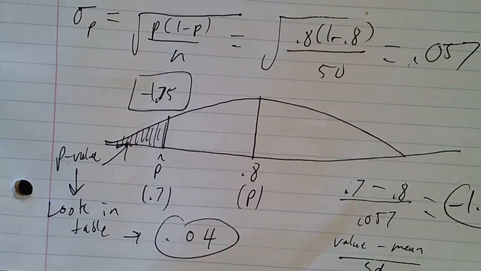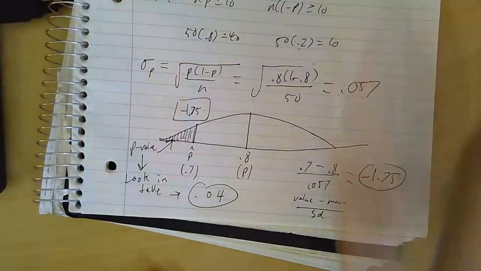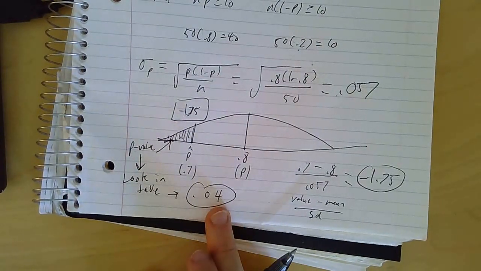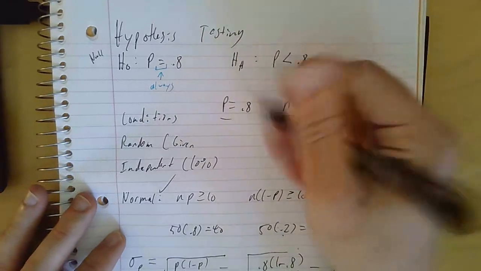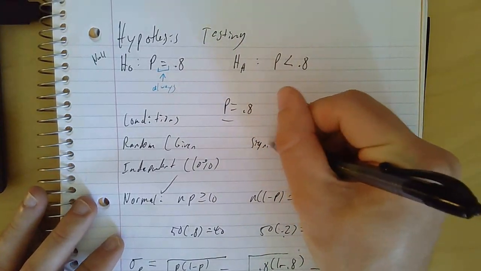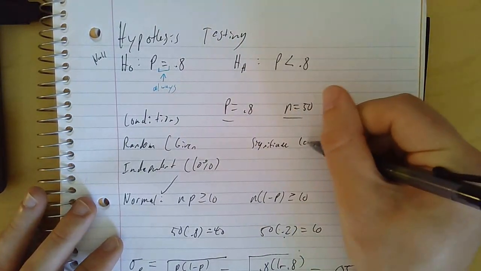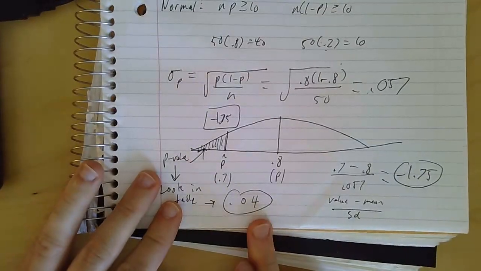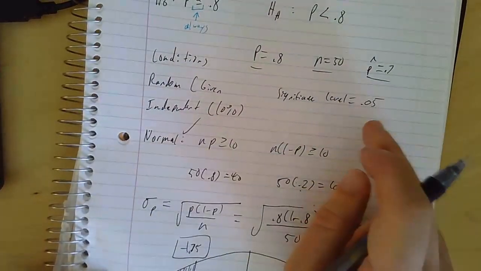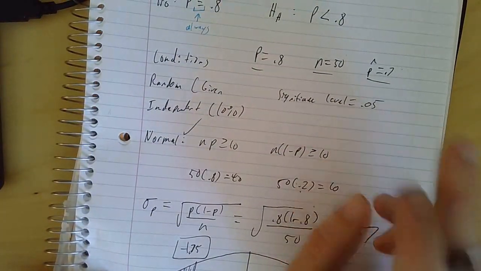Then your last step is to compare this to the significance level. The significance level would be given to you at the top. We would say the significance level equals 0.05. If the p-value is less than the significance level, you reject.